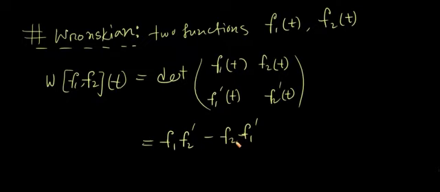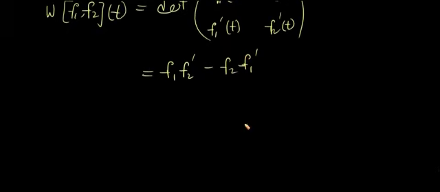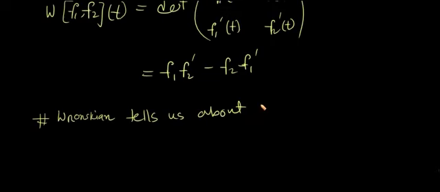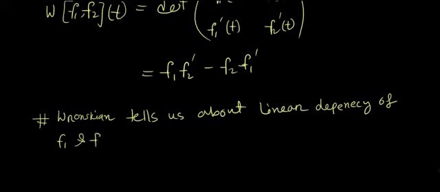So why is this Wronskian useful? Because the Wronskian tells us about the linear independence or linear dependence of two different functions. So the Wronskian tells us about linear dependence of f1 and f2.